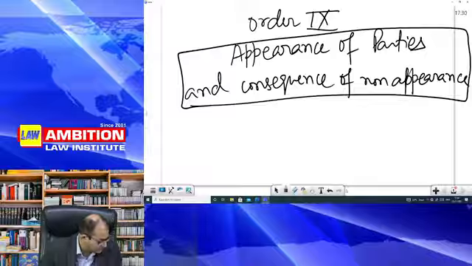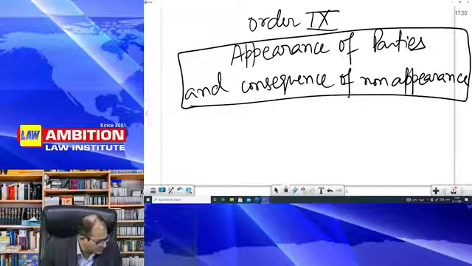So it says on the day fixed in the summons for the defendant to appear and answer. This is the duty of the court, to issue summons for the defendant to appear and answer. The parties, obviously plaintiff and defendant, shall be in attendance at the courthouse in person or by their respective pleaders.